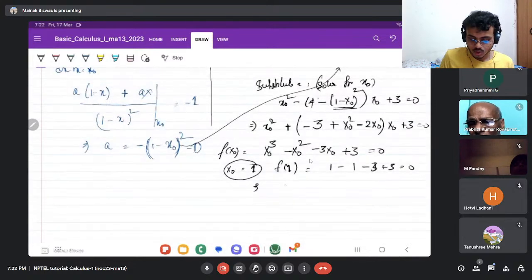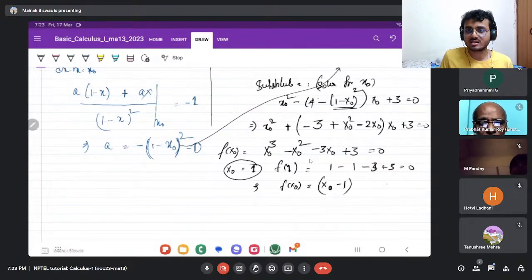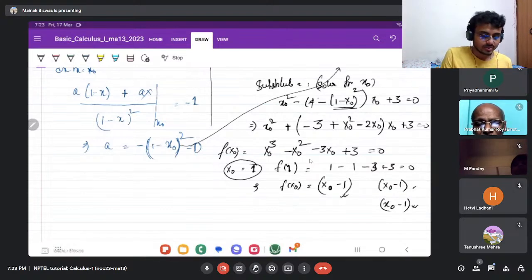Okay. So f of x naught is equal to, so how do you factor this further? This is called the Chinese remainder theorem. You write whatever root you have n times in case of an nth degree polynomial. So you know one root, right? So you will be left with a quadratic if you have a root.